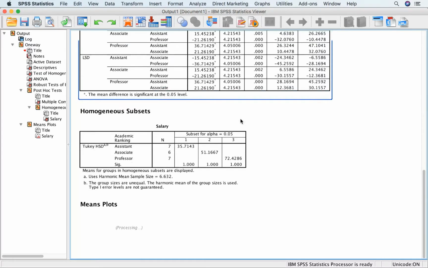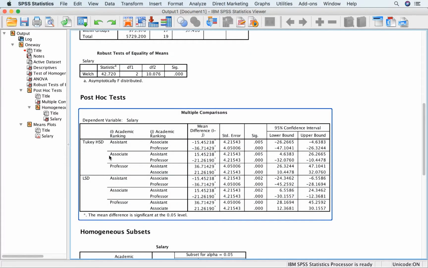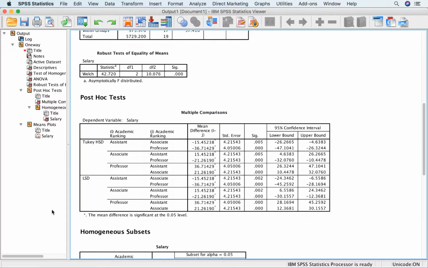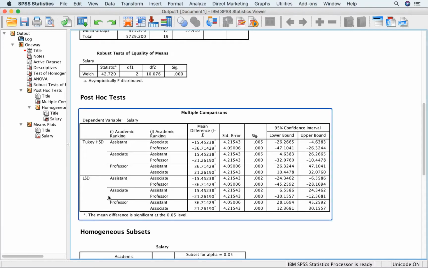So here we have the Tukey HSD and the LSD. And you can see the numbers are very similar, if not exactly the same. To read this, you are comparing assistant professor to these 2. So I minus J, that's what it says here, the mean difference.